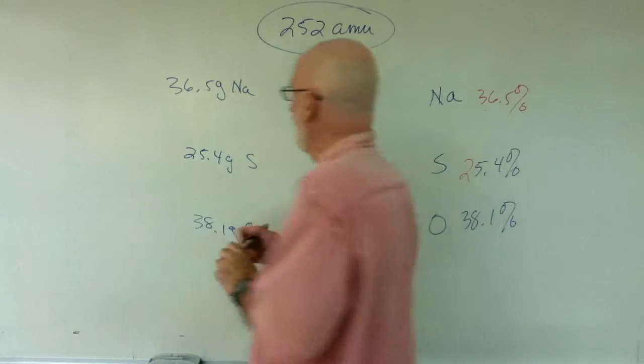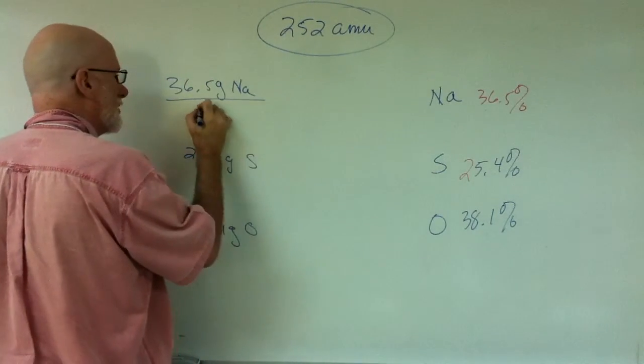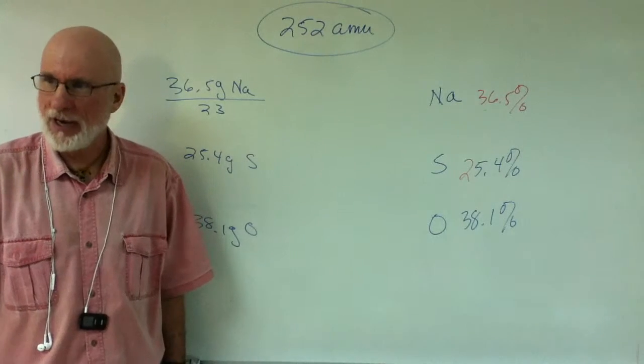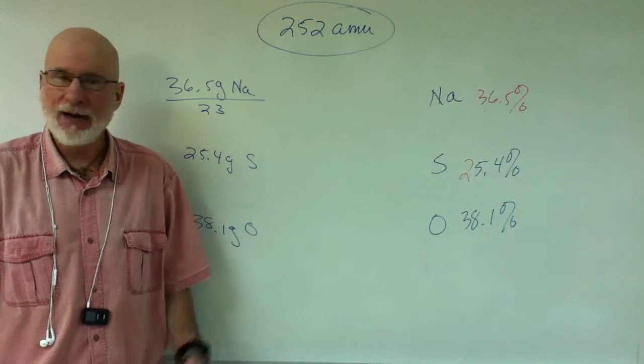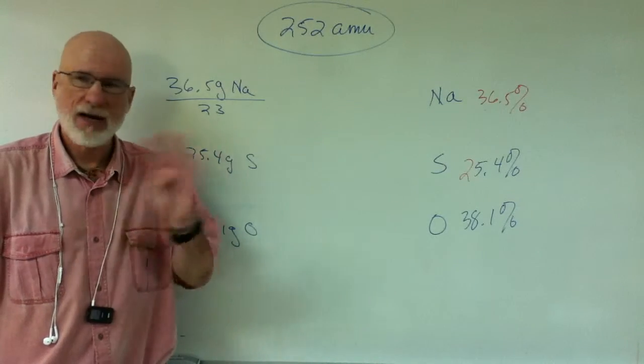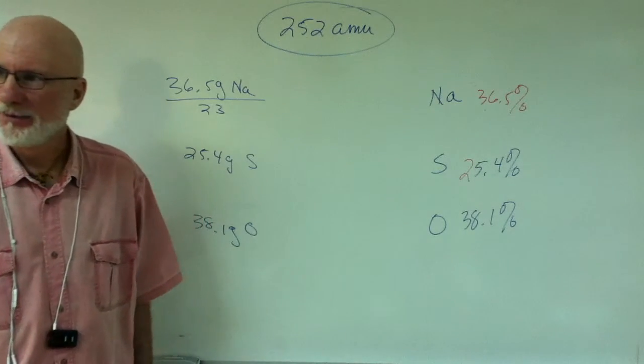All right, let's work through this. I want to change it to moles, right? And when you do that, I'm just suggesting do 4 significant figures. I'm just throwing that out there. Okay?